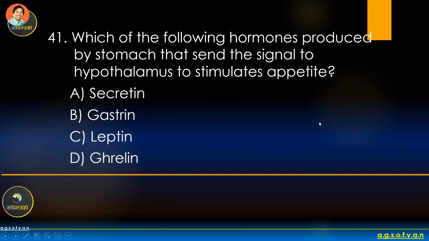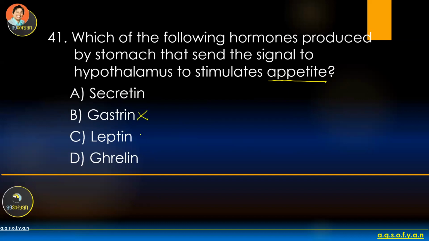Which of the following hormones produced by the stomach sends a signal to the hypothalamus to stimulate appetite? Okay, feeling hungry. Is that secretin, gastrin? We already mentioned gastrin is the one that stimulates the parietal cell to produce hydrochloric acid, so this is not the answer.